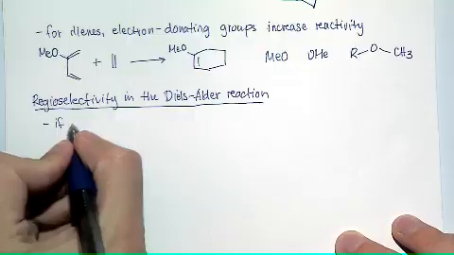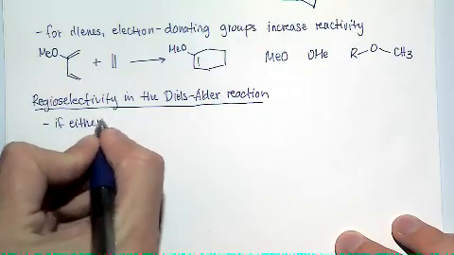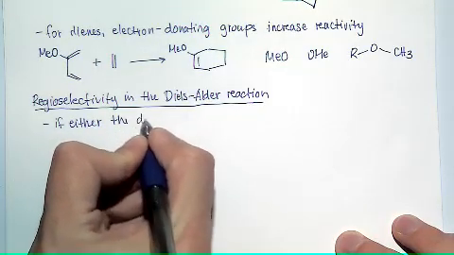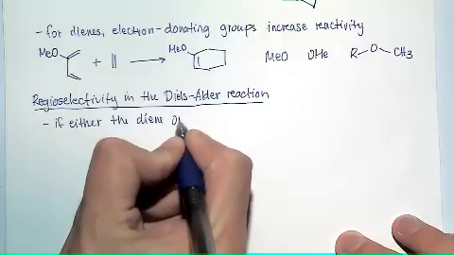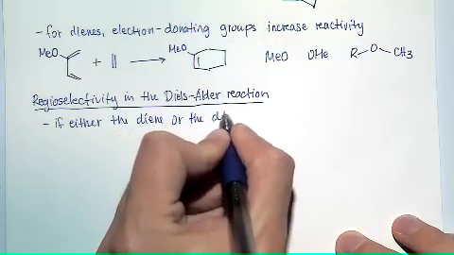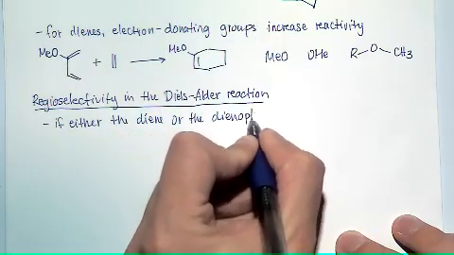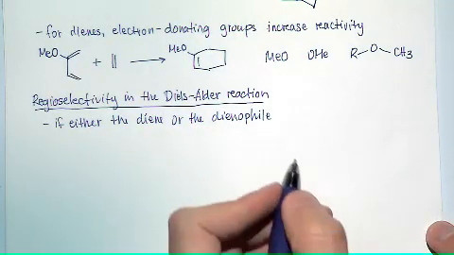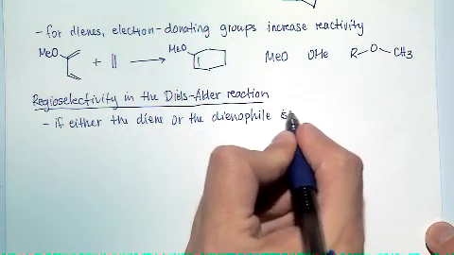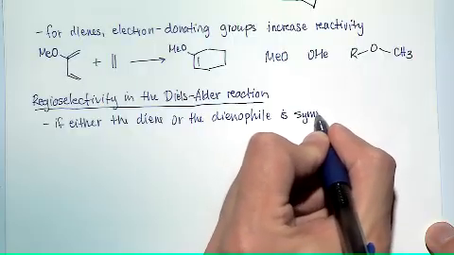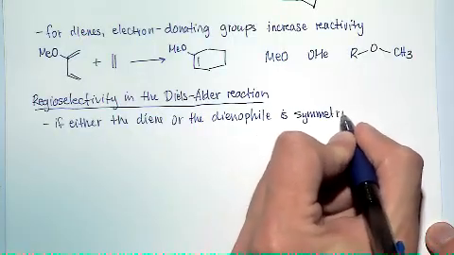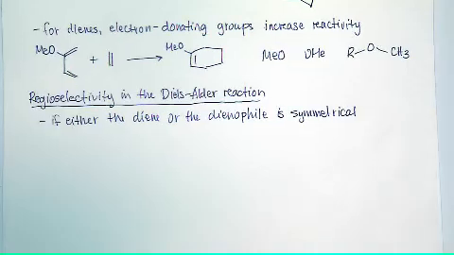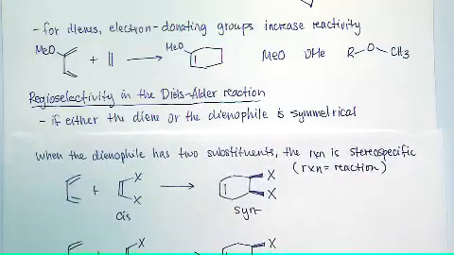But if either the diene or the dienophile is symmetrical, as has been the case in all of these examples that we've looked at, right?